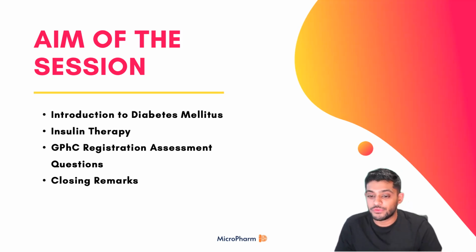I'll give you a brief overview of my role and my background for those of you who don't know. I currently work as a senior lecturer in pharmacy practice, so I teach pharmacy undergraduate students. I also work for the postgraduate diploma, marking for the antimicrobial resistance module.